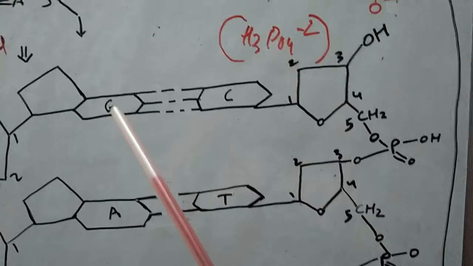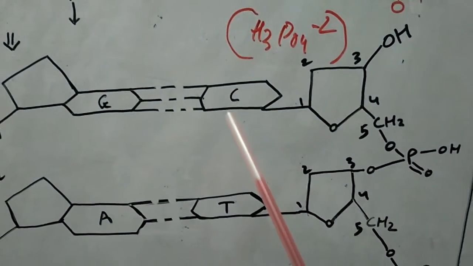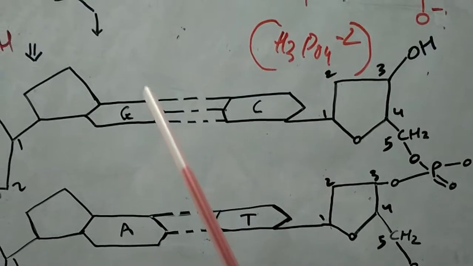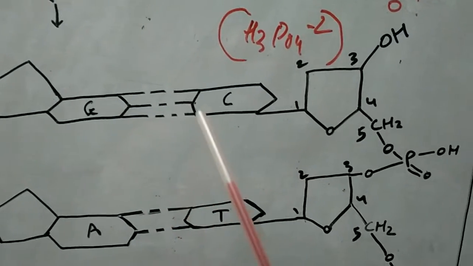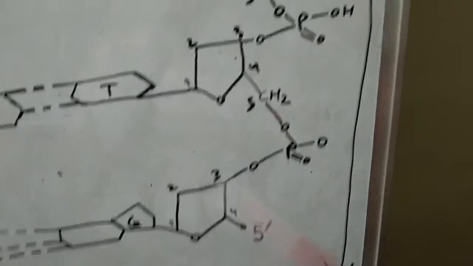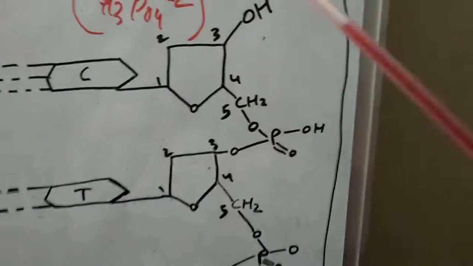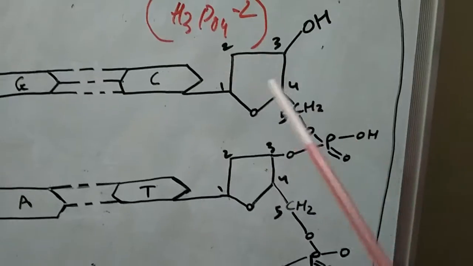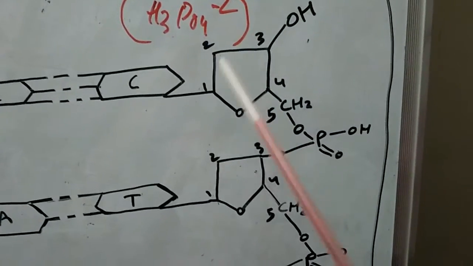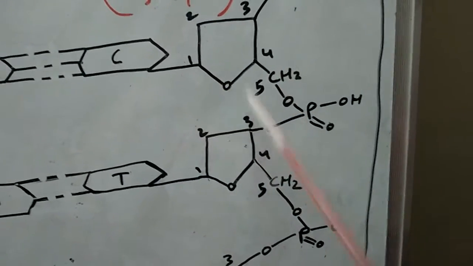So guanine will bond with cytosine having triple bond or 3 hydrogen bonds like this. So just invert the structure that I have already drawn on my left hand side. Just reverse the orientation, and this is the sugar. Number it 1, 2, 3, 4, 5.